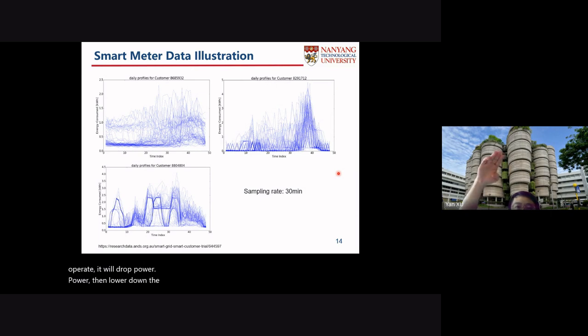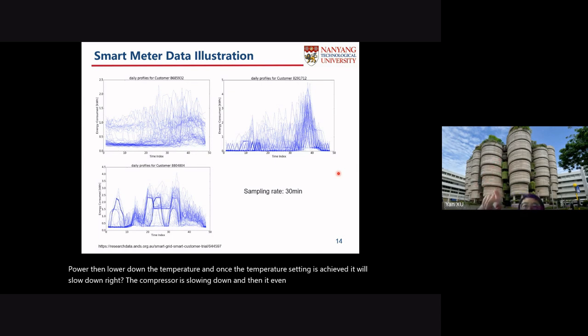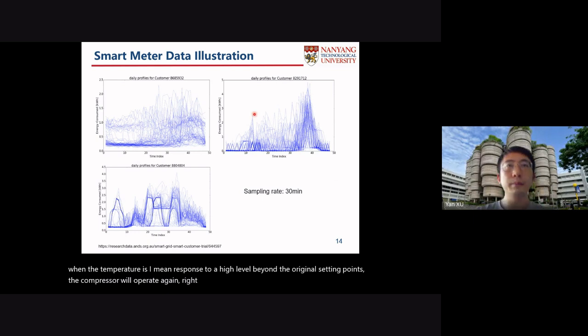Once the temperature setting is achieved, the compressor slows down and even stops. After that, when the temperature is restored to a level beyond the original setting point, the compressor will operate again. So this triangle type of power profile probably comes from the air conditioner.